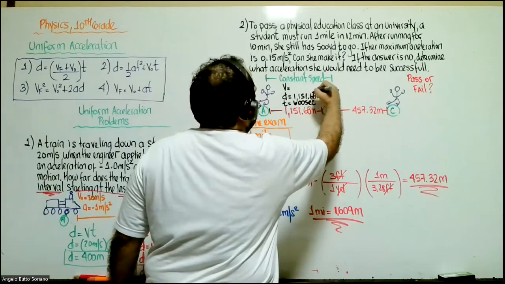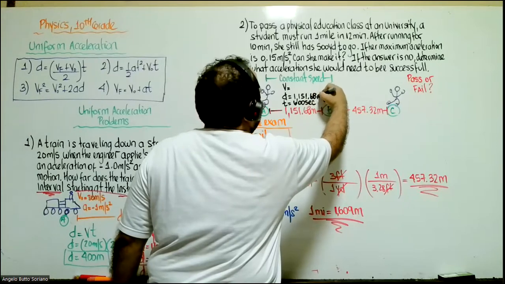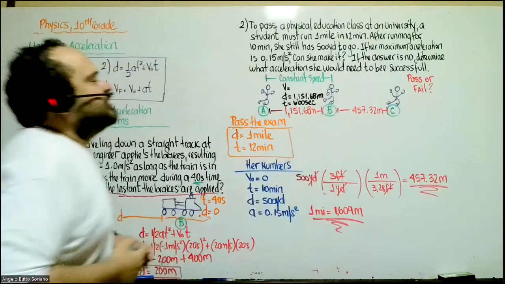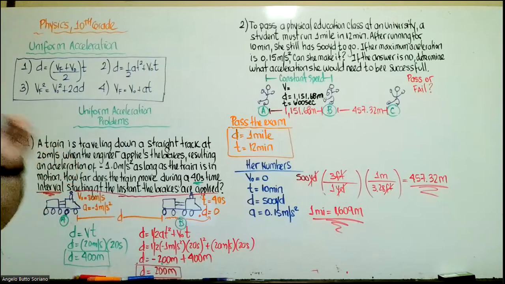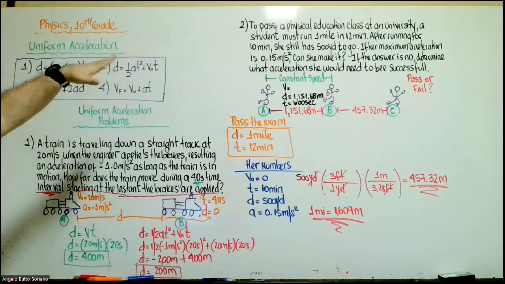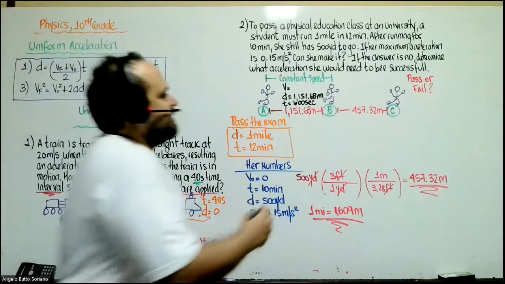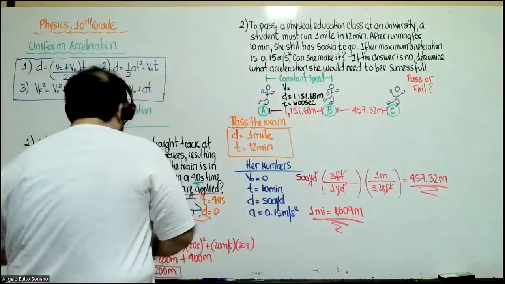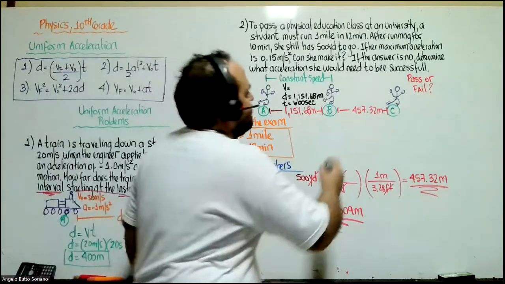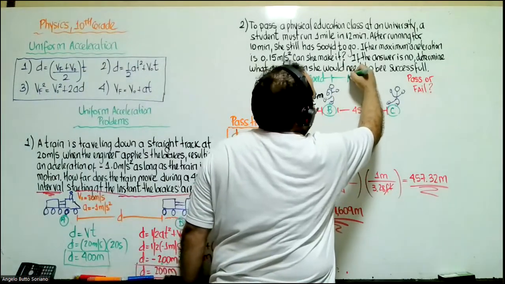At the beginning she started from rest, but the problem mentioned the maximum acceleration is 0.15 meters per second squared after the first 10 minutes. So from point B to point C she's going to accelerate. That creates the diagram of the problem.